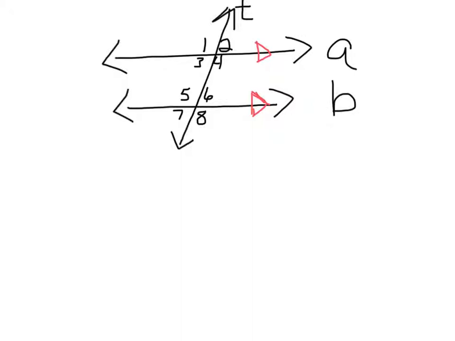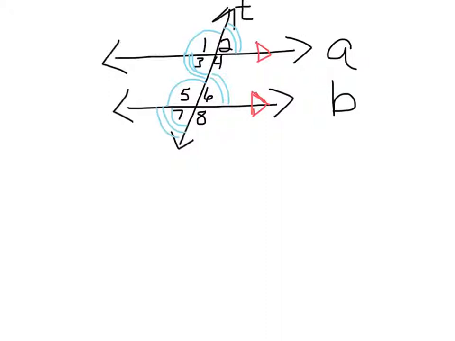That means that angle 1 corresponds to angle 5, so angle 1 and angle 5 would have to be congruent. We also know that angle 2 corresponds to angle 6, so if A and B are parallel, then angle 2 would have to be congruent to angle 6. Angle 3 corresponds to angle 7, so if the two lines are parallel, then angle 3 must be congruent to angle 7.